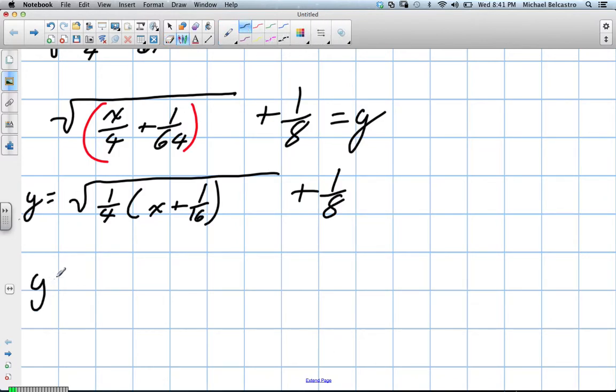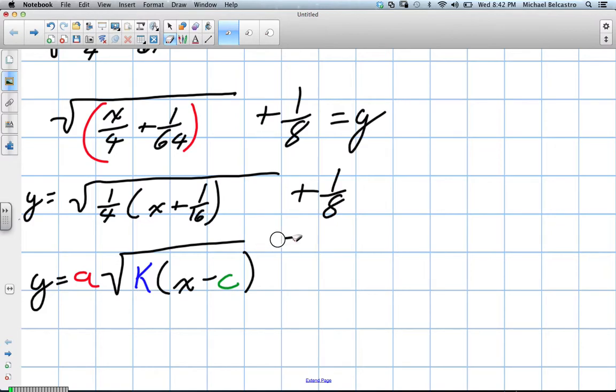If you remember our transformations, we usually have an a term, which deals with stretches. The function in this case is a root, so I'm going to write it like a root. K, x, plus c, and then plus d.